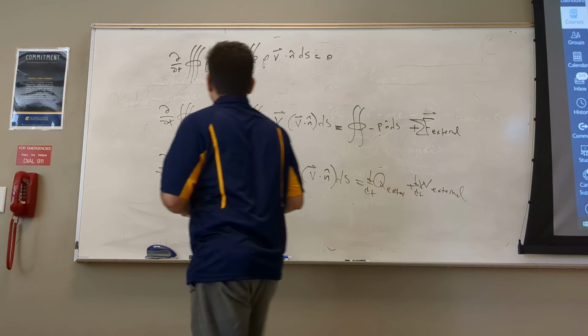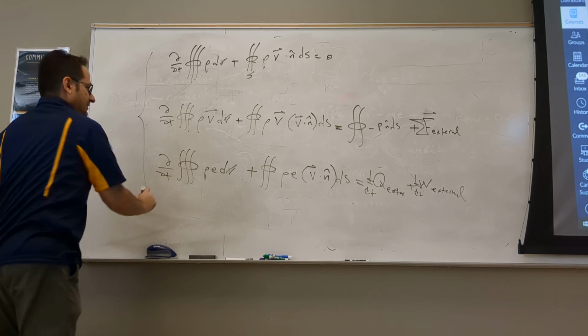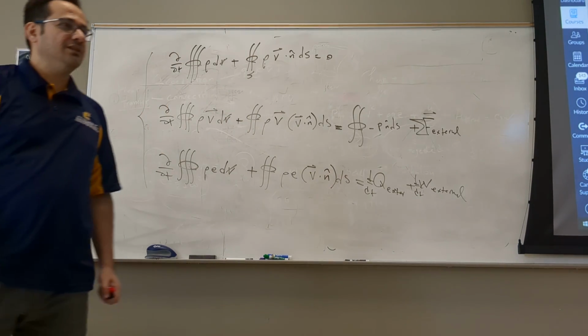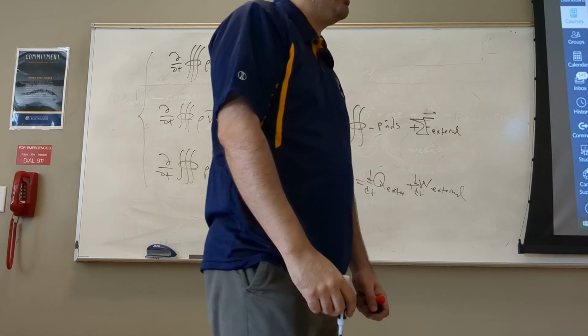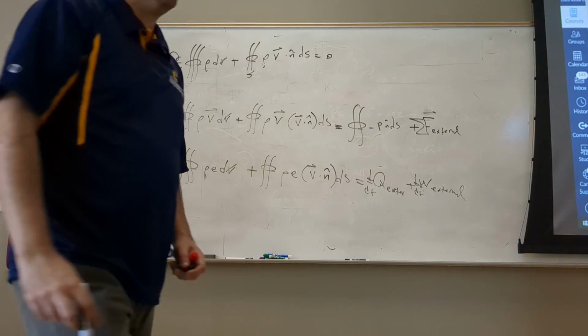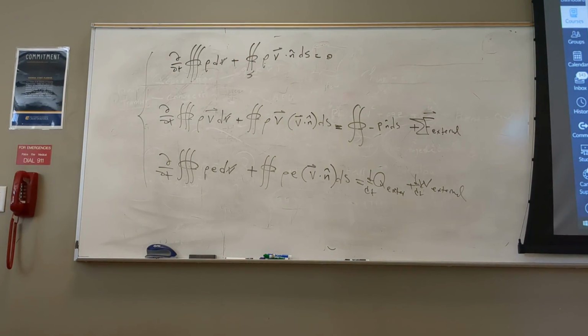So look at these equations. How many equations are there? 3? Who said 3? Are these 3 equations? Well, they're all kind of the same. No. They are very, very different. How many equations are there in three-dimensional space? 9?